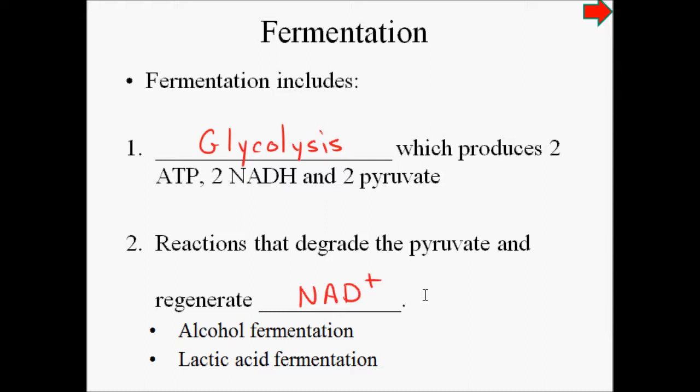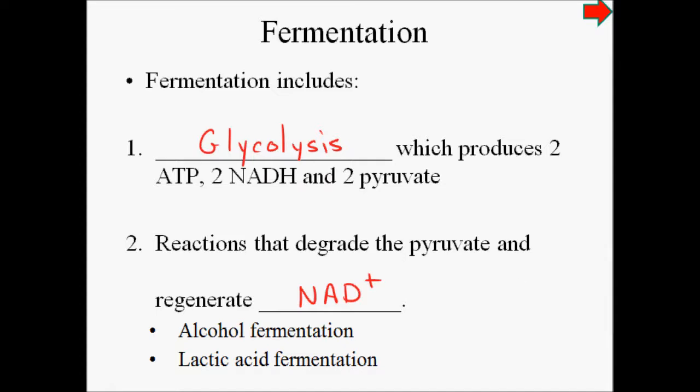And there's two ways to do this. One is going to involve producing a product which includes alcohol, and this is called alcohol fermentation. And the second type of fermentation is one that will end up producing a product called lactic acid, and this is called lactic acid fermentation.